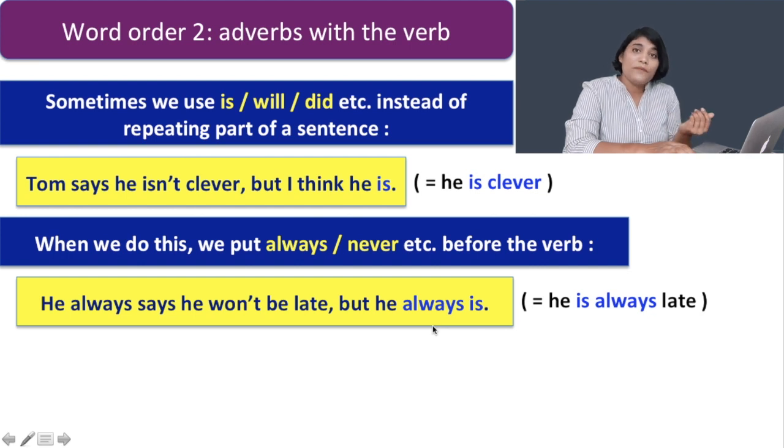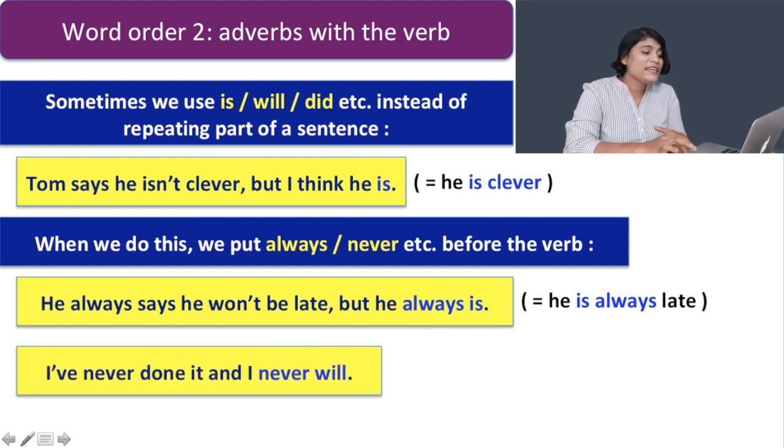Next example: I have never done it and I never will. Here also, you are not going to repeat the next part of the sentence, you just use the auxiliary verb will.